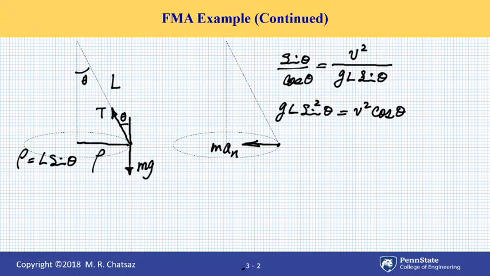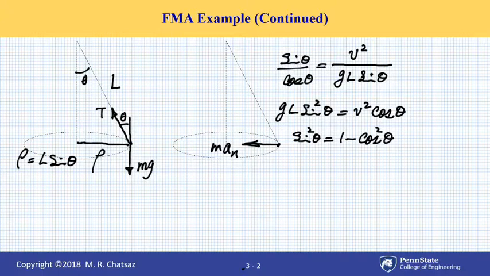So now I have an equation with one unknown in terms of theta. Since I have sine squared and cosine, I use the trig identity, sine squared theta equals 1 minus cosine squared theta, to turn the equation into the following.